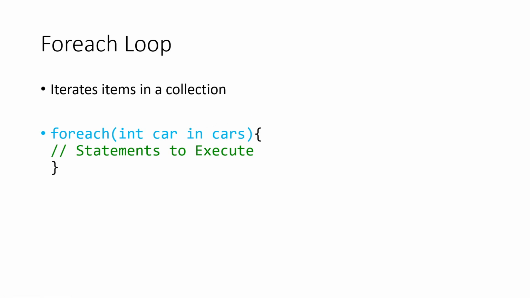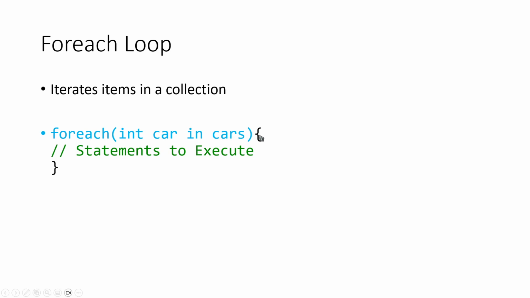If we go through the code block, you can see we use the foreach keyword instead of for. Then we declare each iterated item. In this case, it shouldn't be an int, it should be string car.